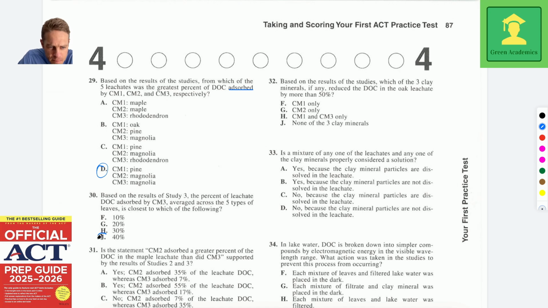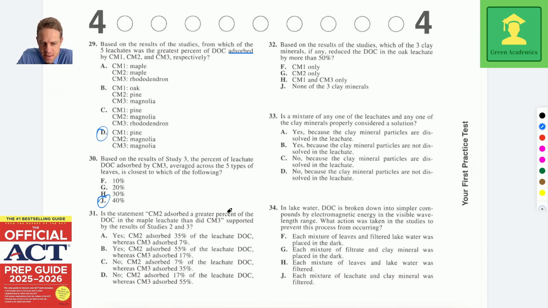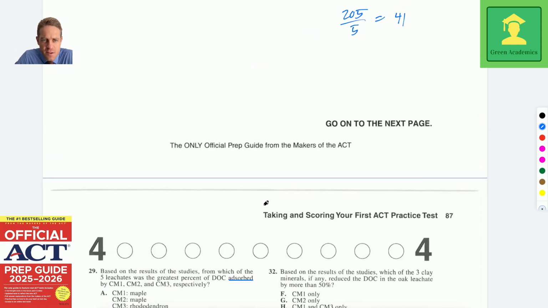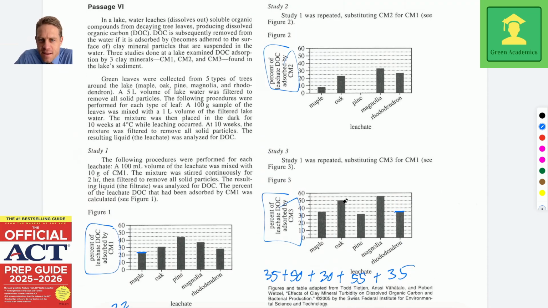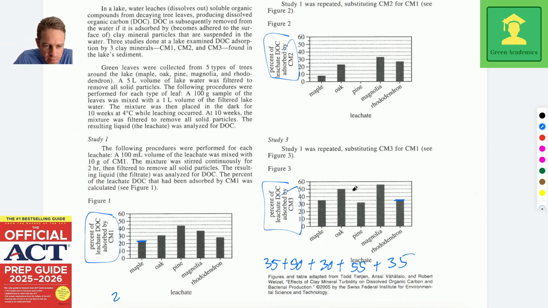Yeah. Is the statement CM2 adsorbed a greater percent of the DOC in the maple leachate than did CM3 supported by the results of studies 2 and 3? So the CM2 and CM3 for the maple. CM2 for the maple is 22. And then is this one.